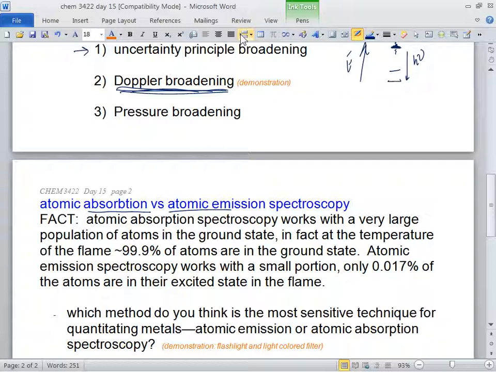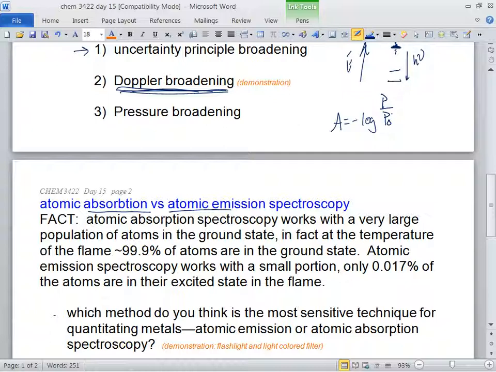Emission. Which one is it? You want to detect the change in intensity. Isn't that a change in intensity? You have to measure absorption.